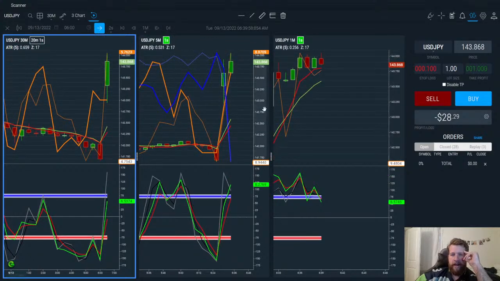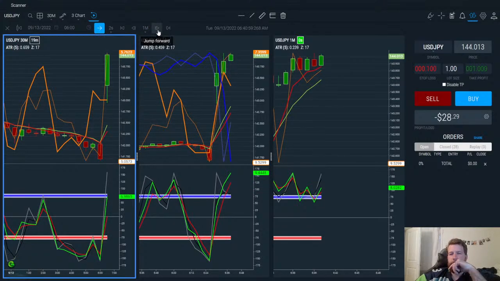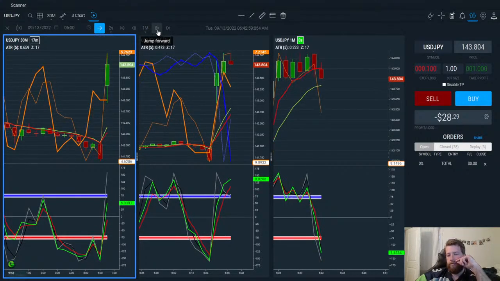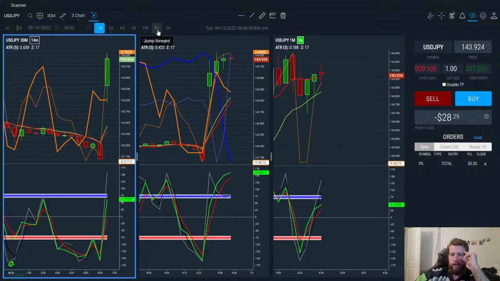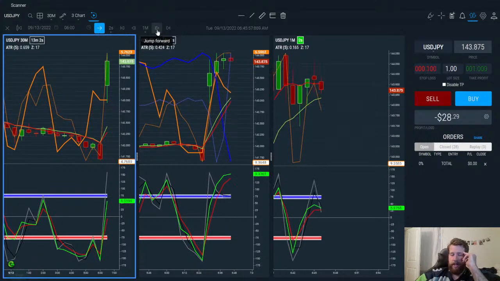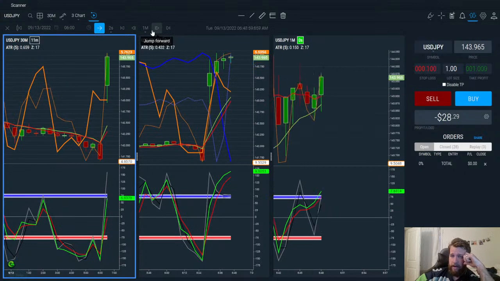Okay, our 1 minute's back to pressure, and we have a lot of room on both charts for these to move down. So let's see if we can actually get a signal in the downward direction. I hate to call this a full-on uptrend just because that was something that happened in the news that caused that.